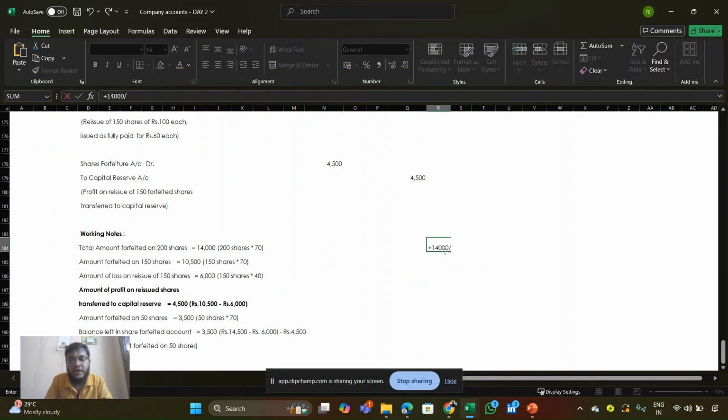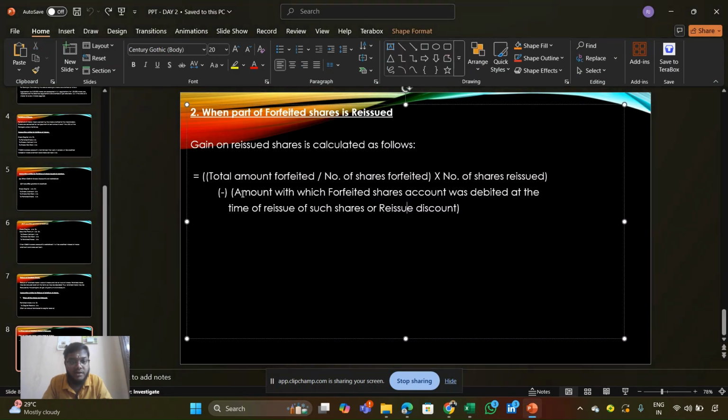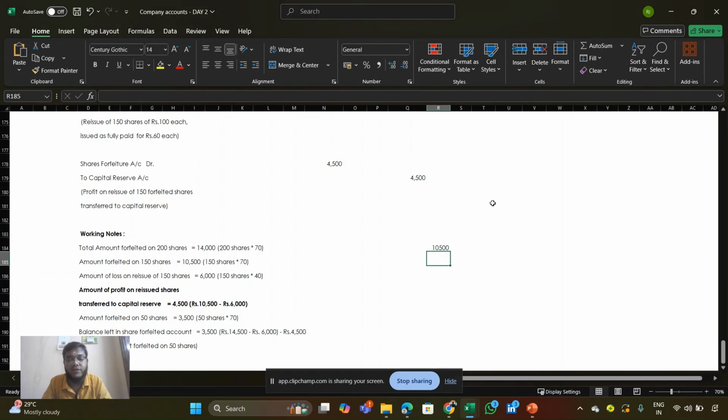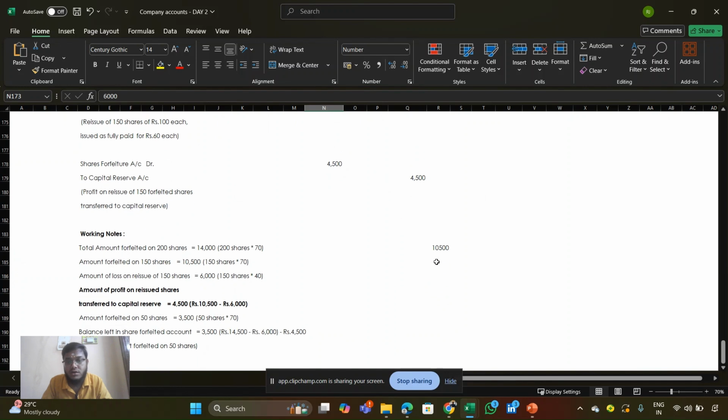The forfeited shares are 200, into how many shares reissued? 150 shares reissued, so 10,500, minus the amount with which the share forfeiture account was debited at the time of reissue. While reissuing, how much is debited? 6,000. So 6,000 is debited.